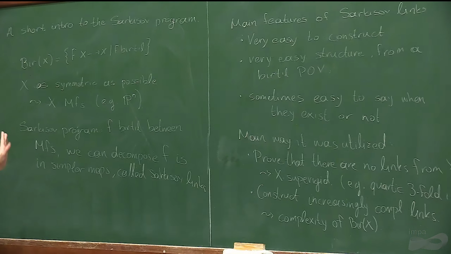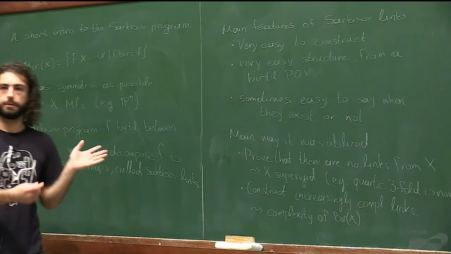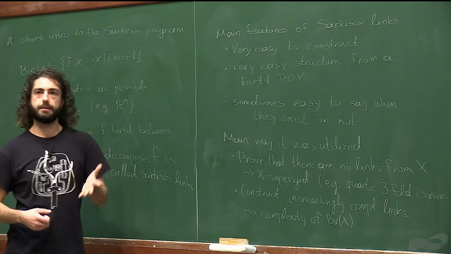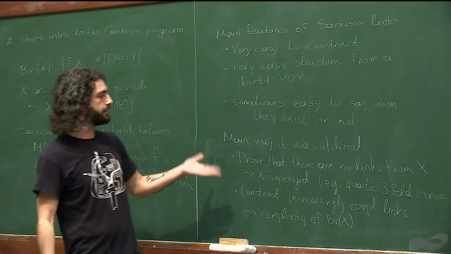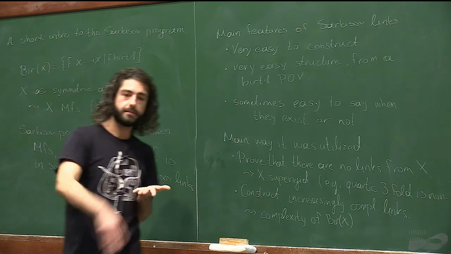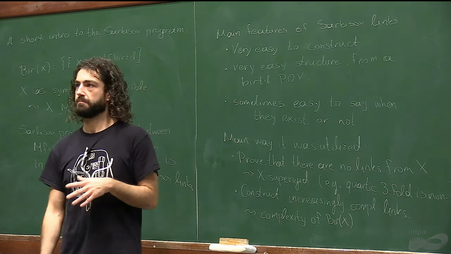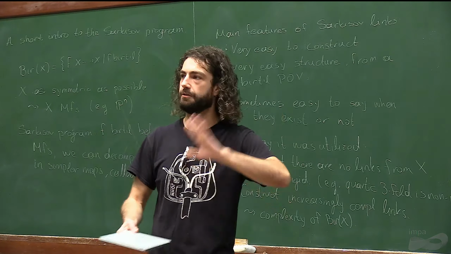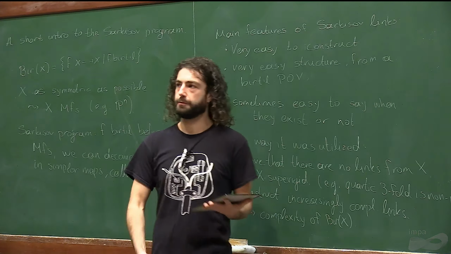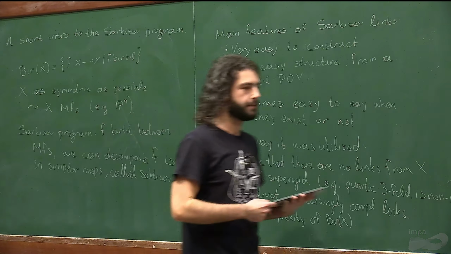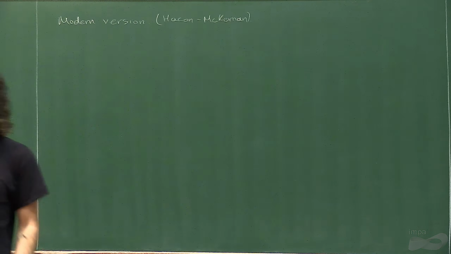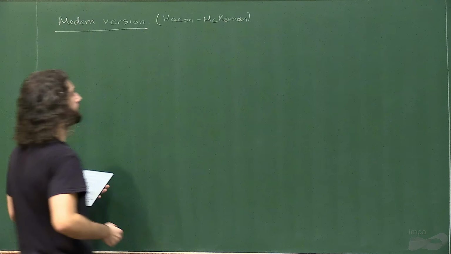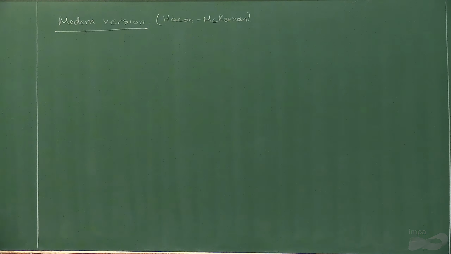You start with a map from X to X, or from X to another variety Y, and you attach to it some invariants, and then you perform one Sarkisov link so that you decrease these invariants. Then you prove that these invariants satisfy some descending chain condition, and so at some point you have to decompose your map. But this approach only works in dimension 3. It's very complicated. But then we have this modern interpretation of the Sarkisov program, which works in any dimension.